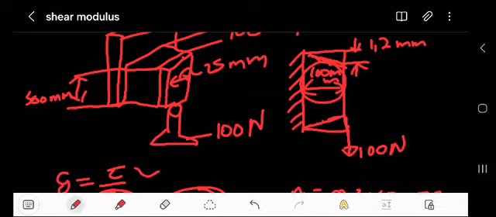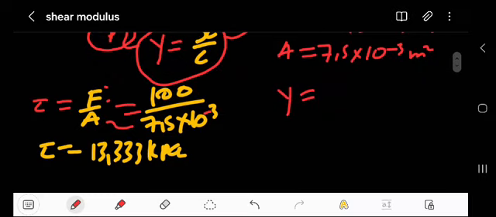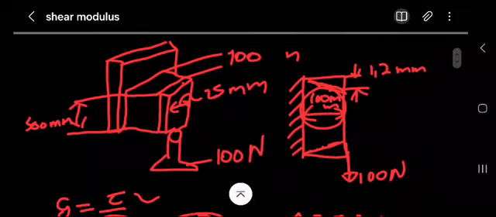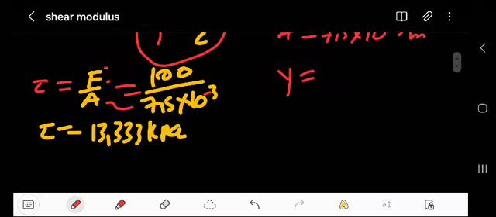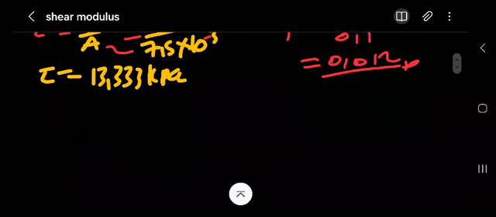Now what do we have? The x is 1.2 millimeter divided by 1000. This is supposed to give you 0.0012 over 0.1, which is 100 millimeter. That will be 0.012. Remember, it's a strain, it has no SI units.